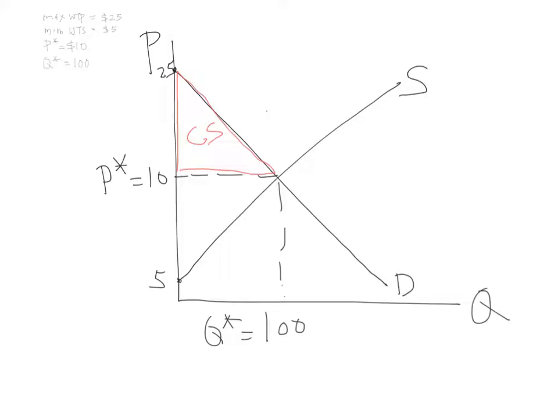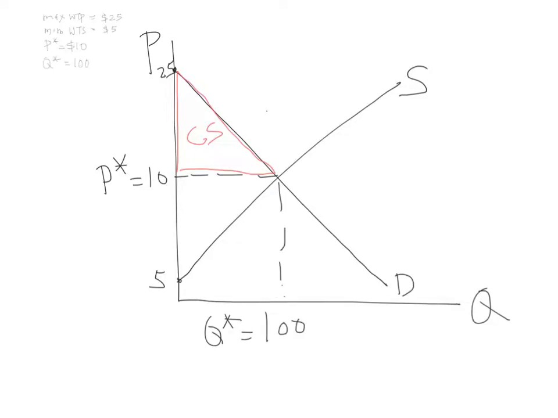So that customer is $10 better off. Another customer who, let's say, has a maximum willingness to pay of, say, $22, paid $10 for the shoes, and that customer is $12 better off. So we're adding the consumer surplus of each individual consumer, multiplying it by the 100 pairs of shoes sold to get the total consumer surplus.